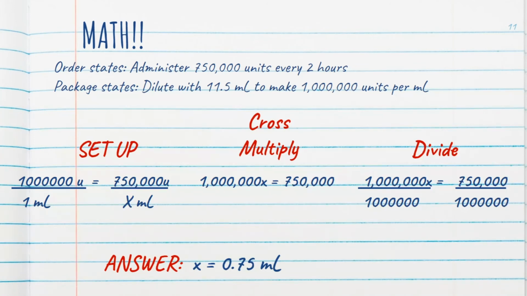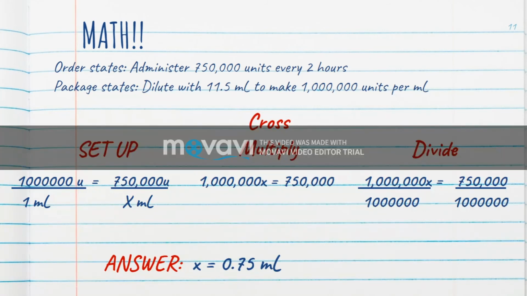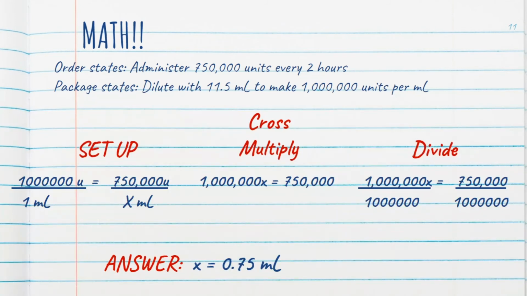That's a lot of zeros, but it's easy to set up. It's easy math. So we are going to set up 1,000,000 units over 1 ml, and then we're going to equal that to 750,000 units over X. We need to find out how many mLs do we actually give. All right, when we cross multiply, we get 1,000,000 X equals 750,000.